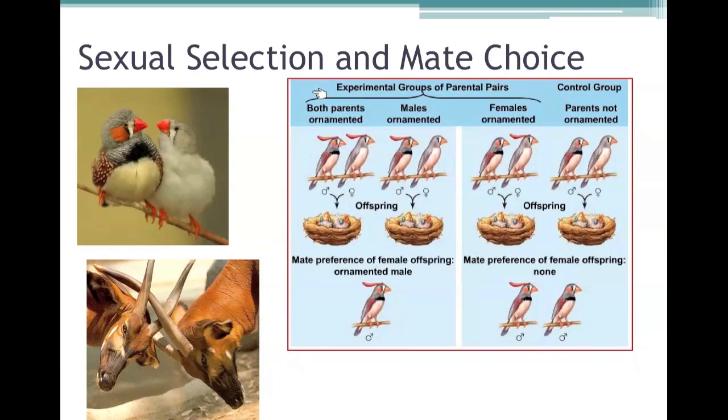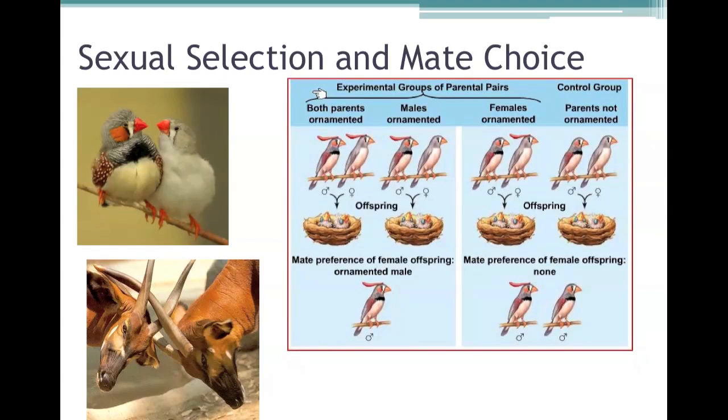Just as female mate choice can influence the evolutionary behavior in males, the competition between males can also influence the evolution of behavior. So, for example, if there's competition between males for territory or food or mates, certain types of behavior might allow them to get access to whatever that limited resource is.